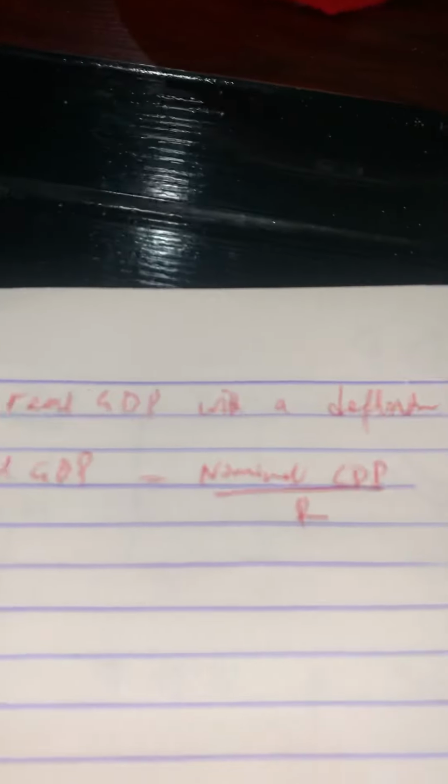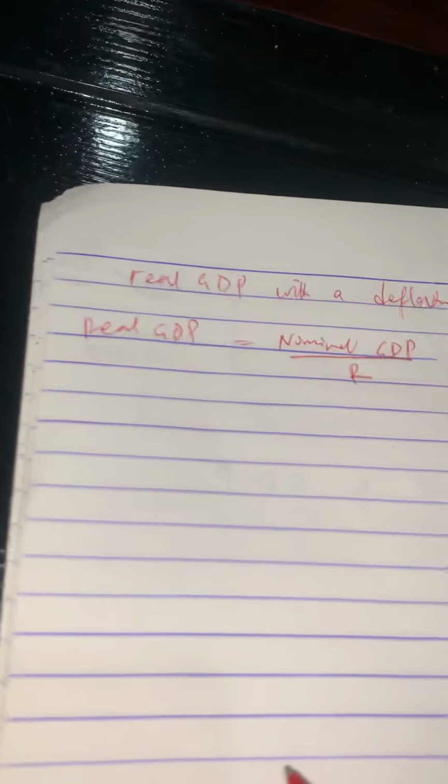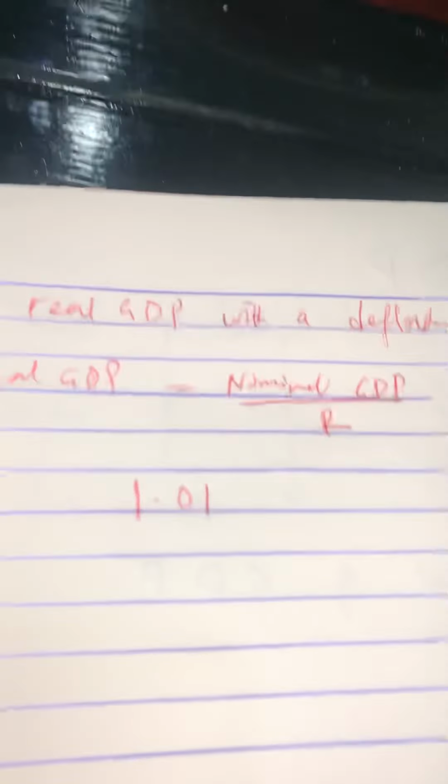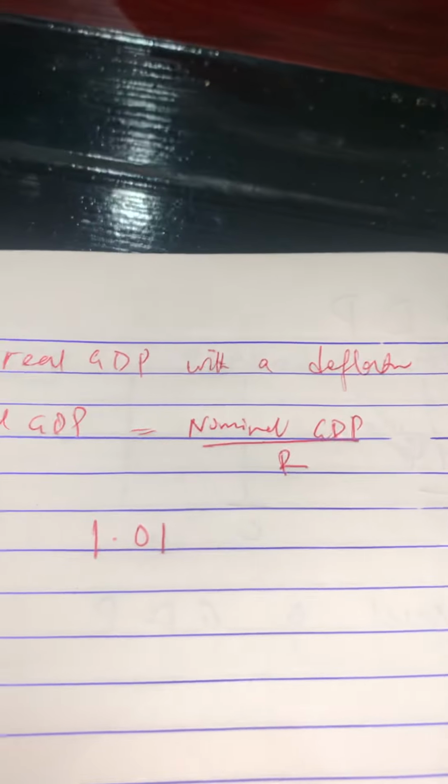So for instance, if an economy's prices have increased by 1% in 1 year since the base year, the deflator of the economy, if it's 1%, for example, that means the deflator will be 1.01.